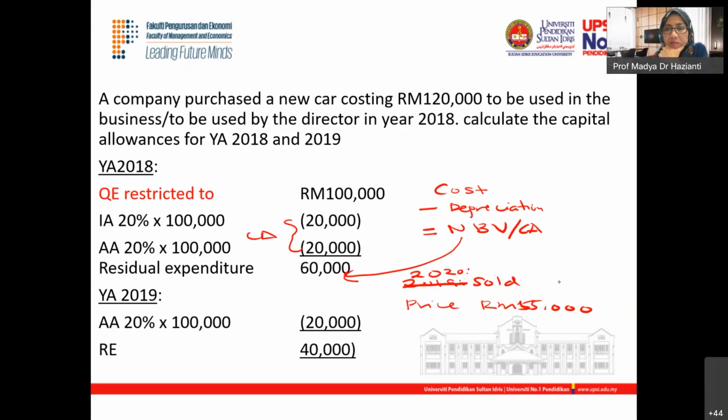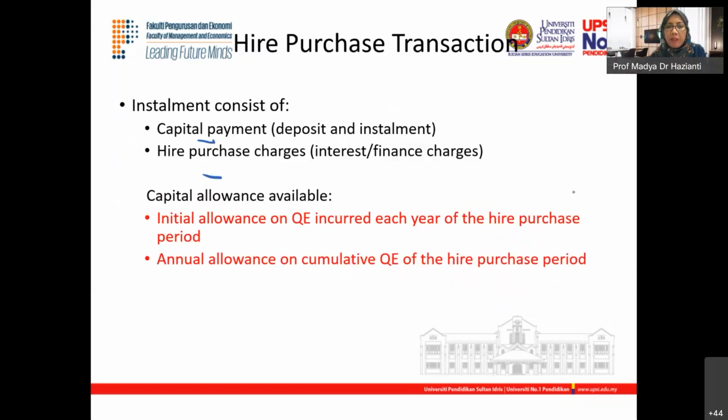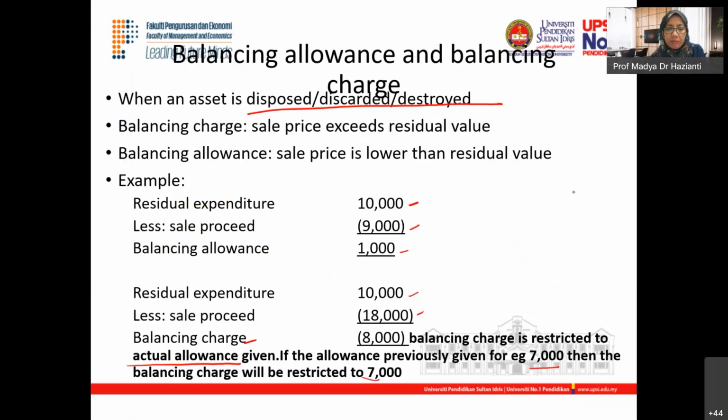Mana Adam Zakwan ada? Kira ke tak ni? How much you get? Balancing allowance or balancing charge? Ikut sini tadi.